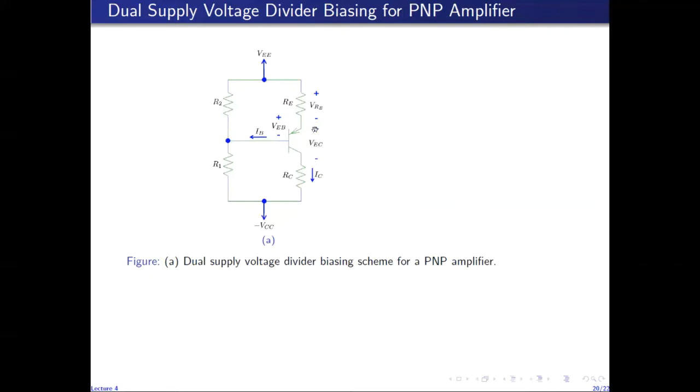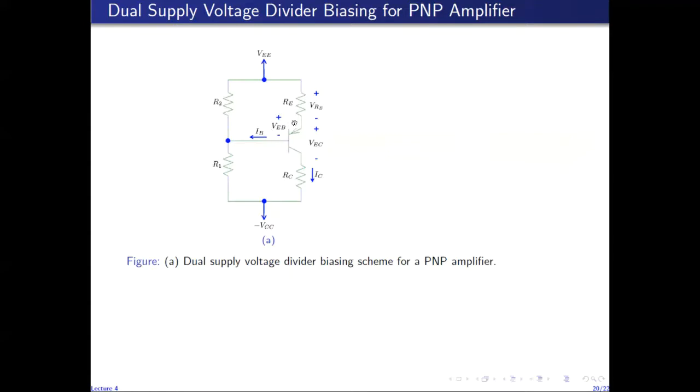For an NPN transistor, the emitter current leaves the emitter terminal out of the circuit, while for a PNP, it will enter from the external circuit into the emitter terminal. The base current will go out of the base terminal, because for the NPN, it went into the base terminal. So the current directions as well as the voltage polarities are reversed.